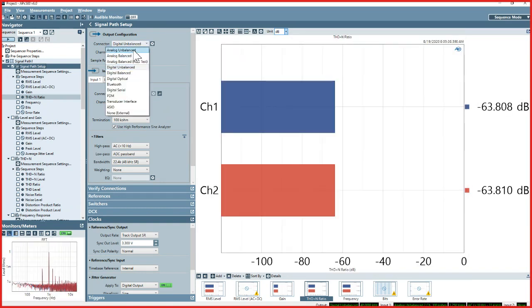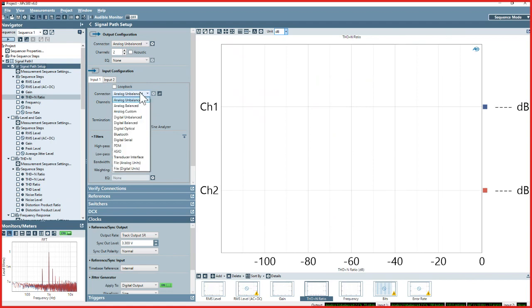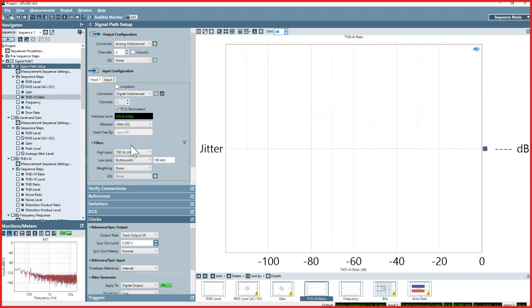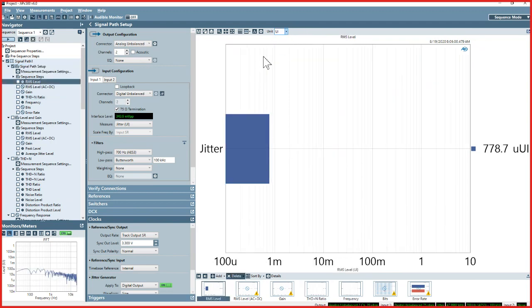The converse of that, if we go back, analog unbalanced and digital unbalanced input, is I'm going to switch this measure from audio to jitter. So in this case, we're receiving a jitter signal. That is to say, we're no longer measuring the audio signal that's embedded in the digital interface.